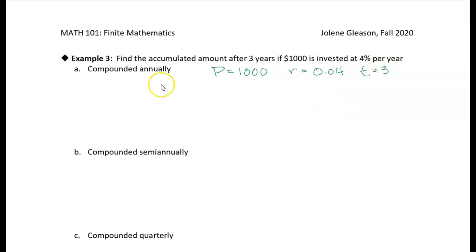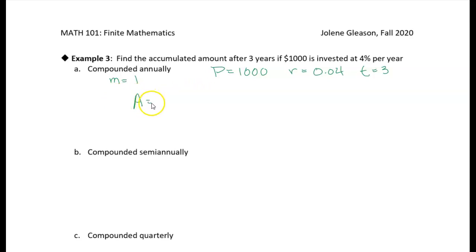The only thing that's changing in all of these examples is the number of conversion periods per year. In this first example, compounded annually, we just have one compounding period per year, so m is equal to 1. Now we have all the numbers we need to plug into our formula.